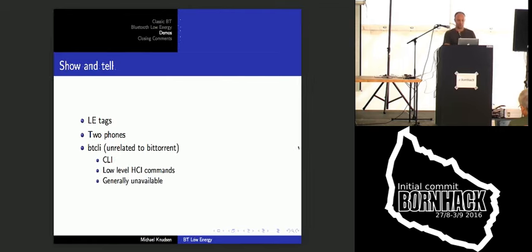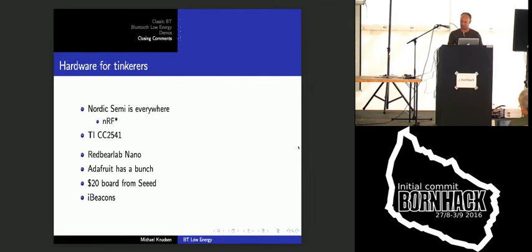Okay, moving on. In case there are any tinkerers out there, if you want hardware for this, it seems like there's a plethora of devices which have controllers from Nordic Semi. These are the nRF chips, and they seem to be everywhere. TI seem to have some sort of chip which people also use for making Arduino stuff. I've seen a board from Red Bear Lab.